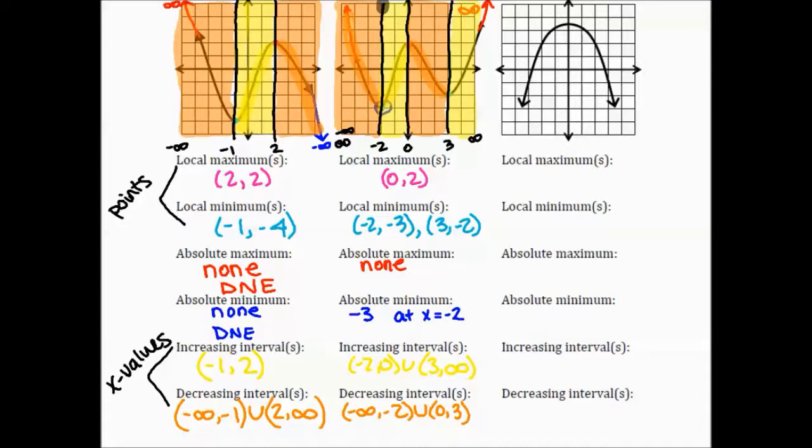All right, next example. We have a local maximum at the top of a hill here. We'll call that 0, 3.5. And then we actually do not have a local minimum for this problem because there are no points where it's the bottom of a valley.